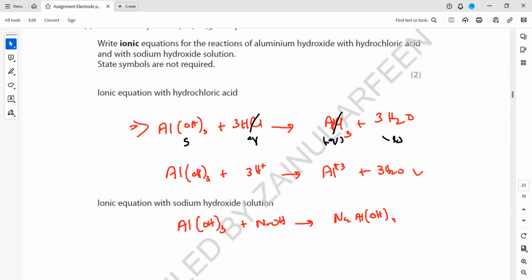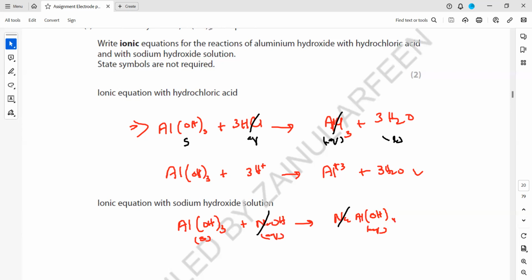Now, writing the same idea as an ionic equation, aluminium hydroxide will be solid. As alkalis are aqueous, this will also be soluble. We cancel the common ions in aqueous solution, so the sodium ion will cancel with the sodium ion. What are we left with?